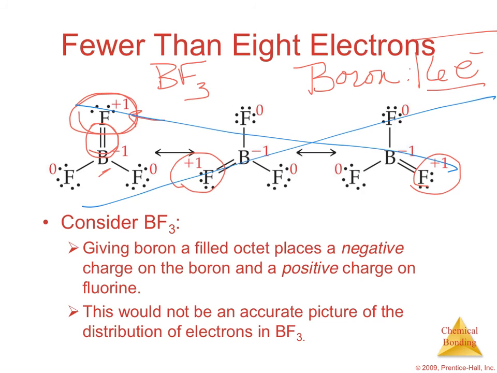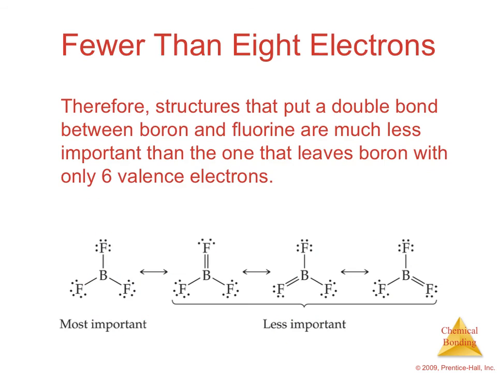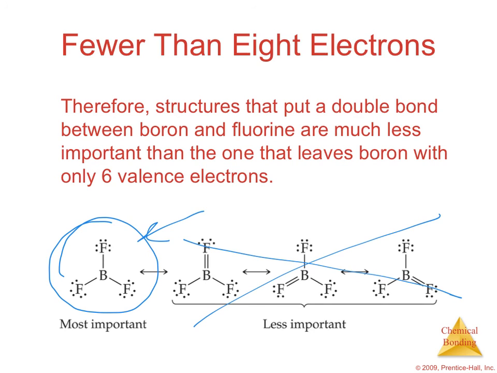So that means that none of these structures will happen, and boron trifluoride exists simply as this structure. Okay, so boron only has 6 valence electrons, but that's the structure that it prefers to exist in. Again, that's just memorizing. Boron is a moron. That's how I remember it.